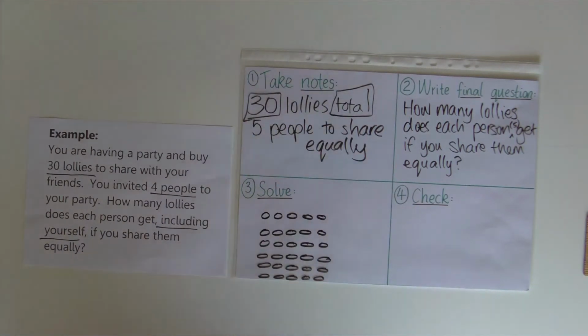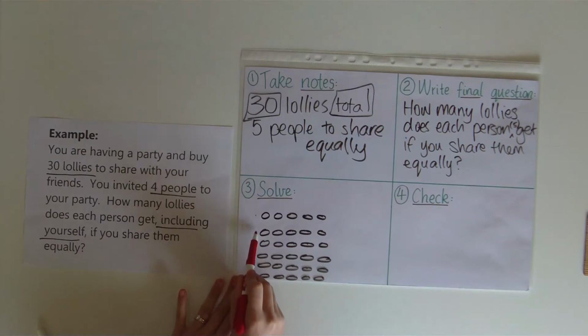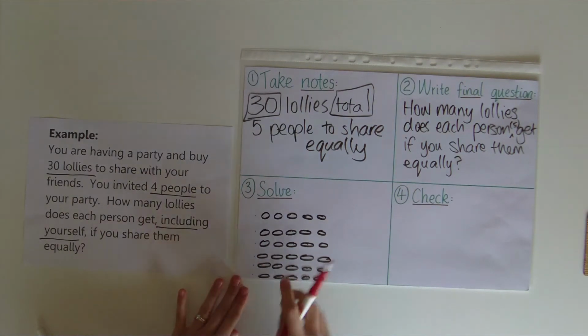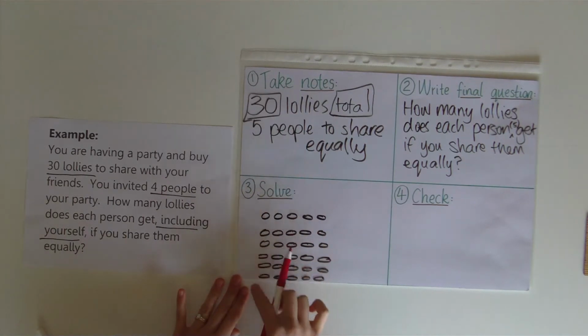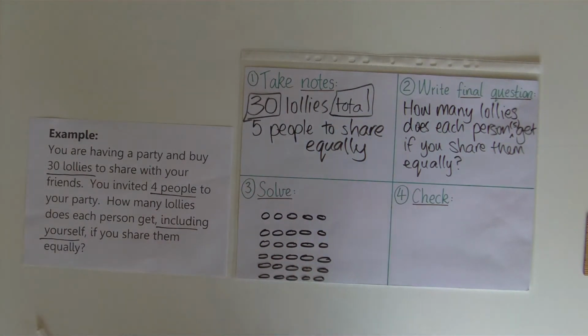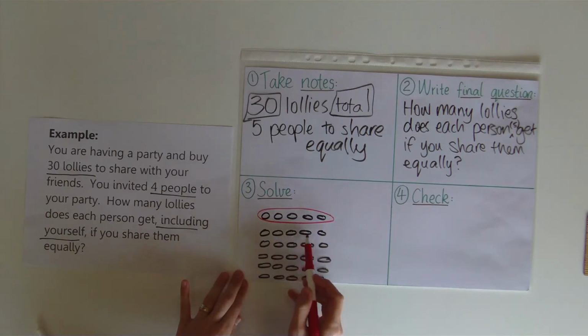And now I'm just going to see what it would be like if the 5 people each got some, so there need to be 5 groups. So what I'm going to do is put 5 lollies in each group. That will be easier for me. 1, 2, 3, 4, 5. It's one group. 1, 2, 3, 4, 5.